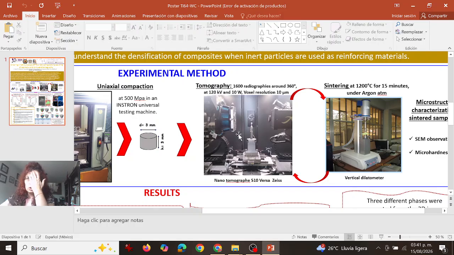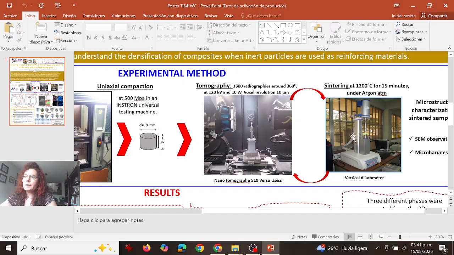The tomography images were done by realizing 1,600 radiographies around 360 degrees, at 120 kilovolts and 10 watts, with a voxel resolution of 10 micrometers.